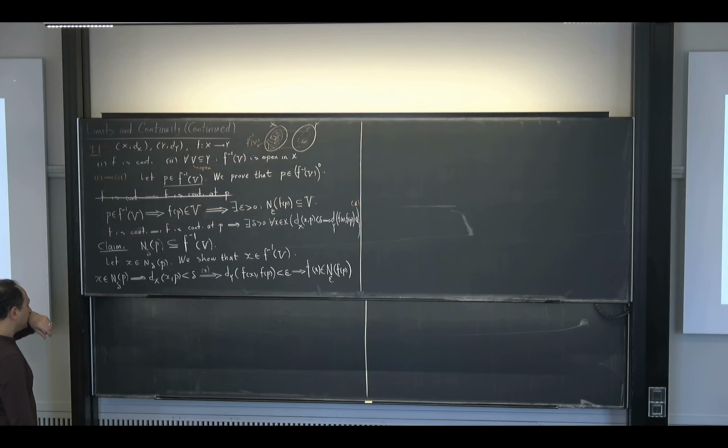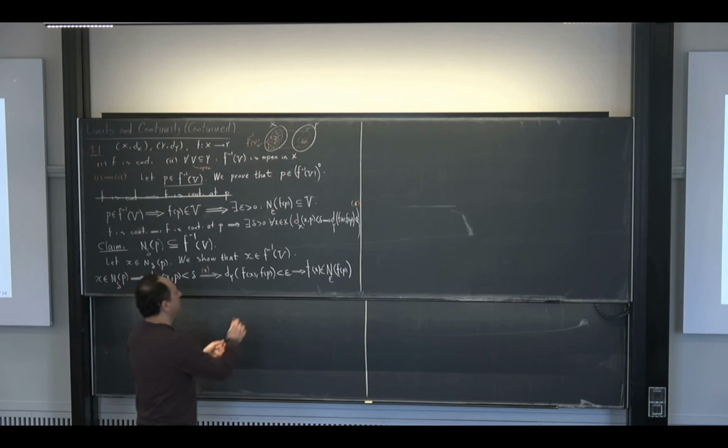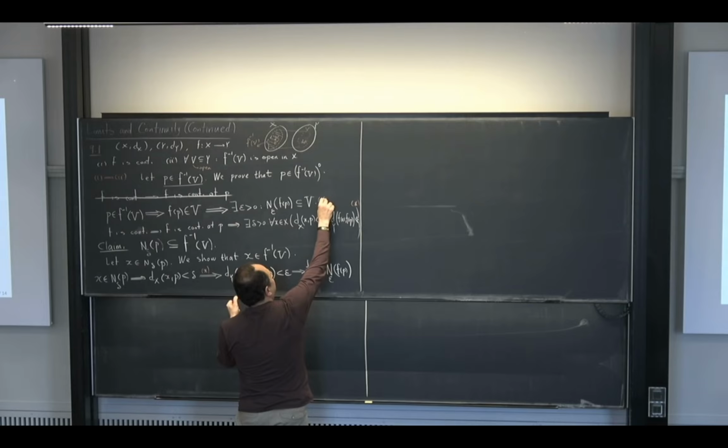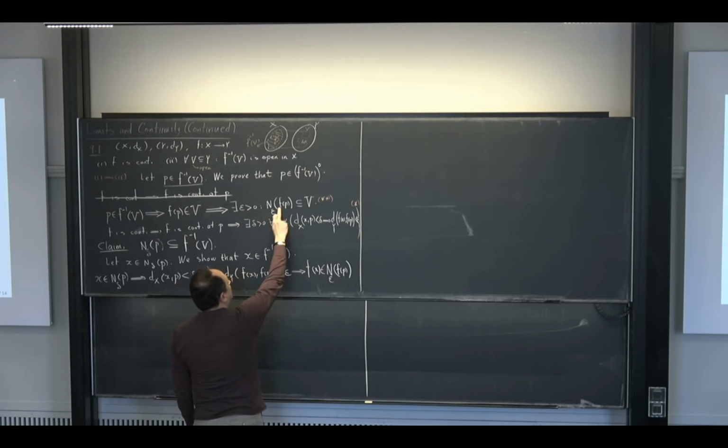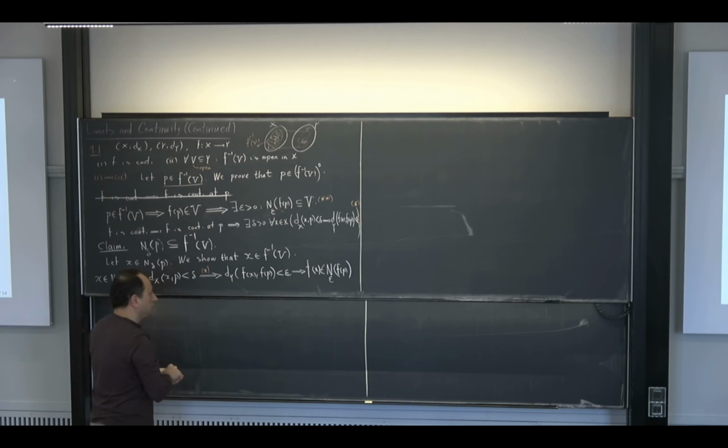We are done. Do you agree? Because there is another one here: N of f of p with epsilon is itself a subset of V. If this one is in here, I can also conclude it is in V. Do you agree?